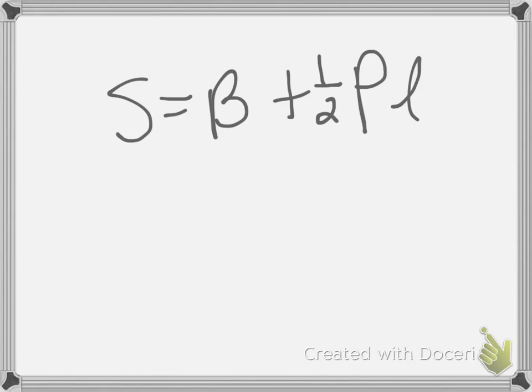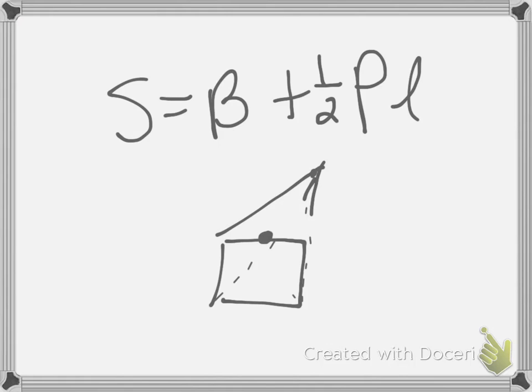That's like, if you slant it, let's see if I can draw it. I'm not the artist on these, so you got your pyramid right here. That looks really bad. So there's a pyramid. So the slant height is how far it is from the edge right here going slanted to the top of the pyramid.